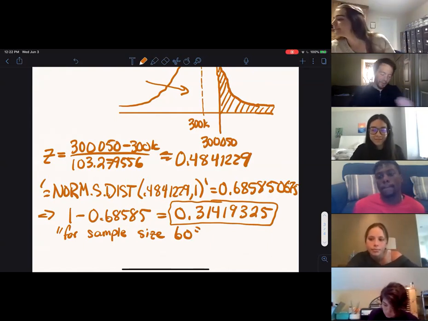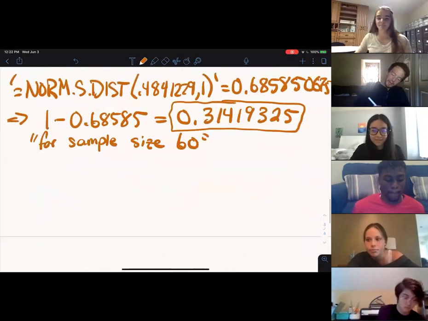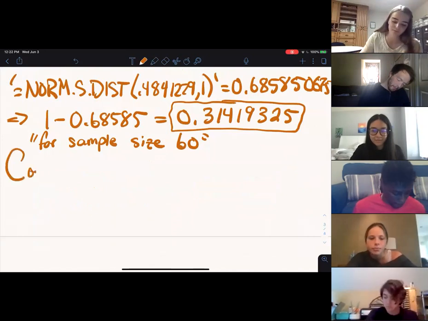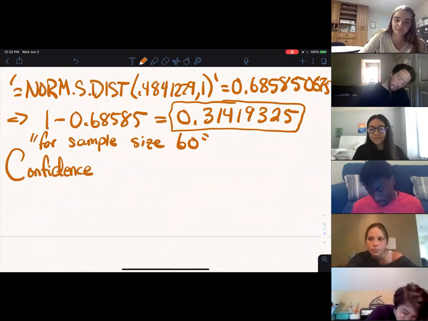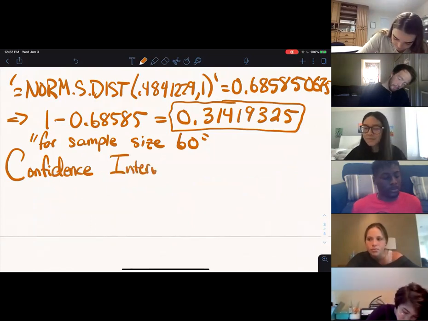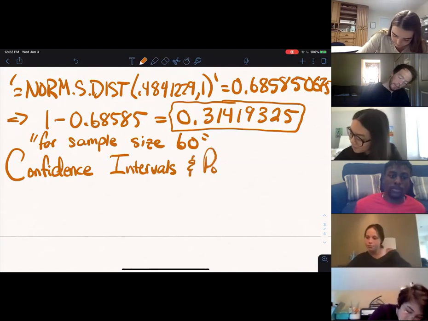So, oh, this is fun. I like confidence intervals. I think they're cool. The next topic is confidence intervals and point estimates.